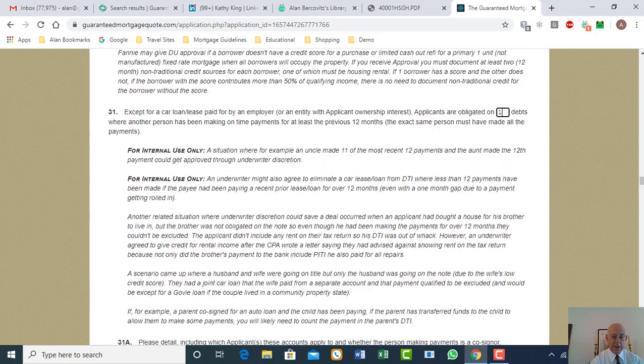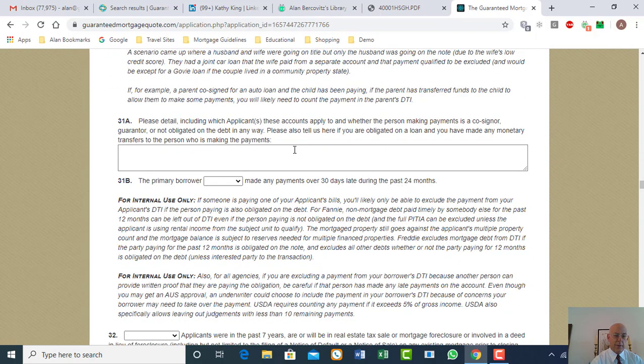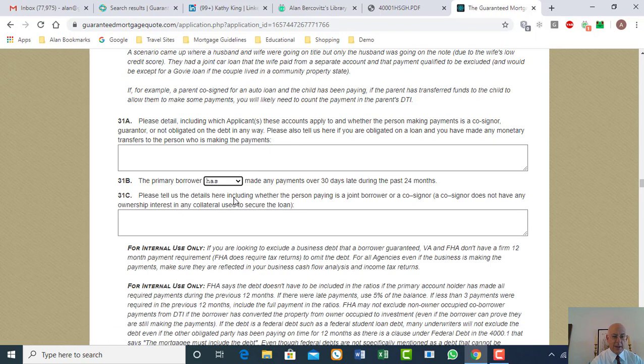And so if they put one in, then they'd be prompted to ask the borrower if there were any late payments, to let us know about those here in question 31B, and if so, to give the details.